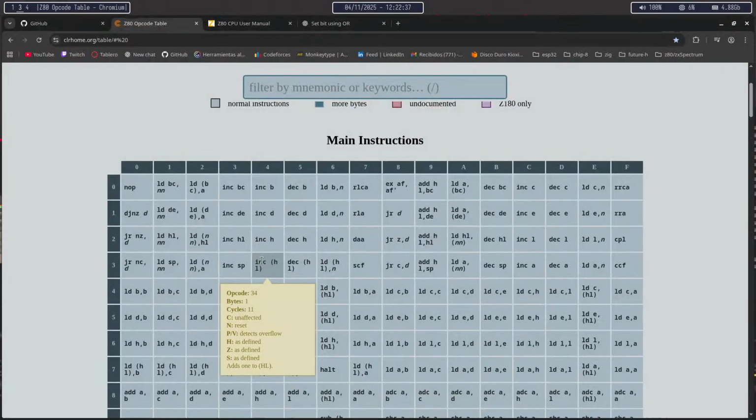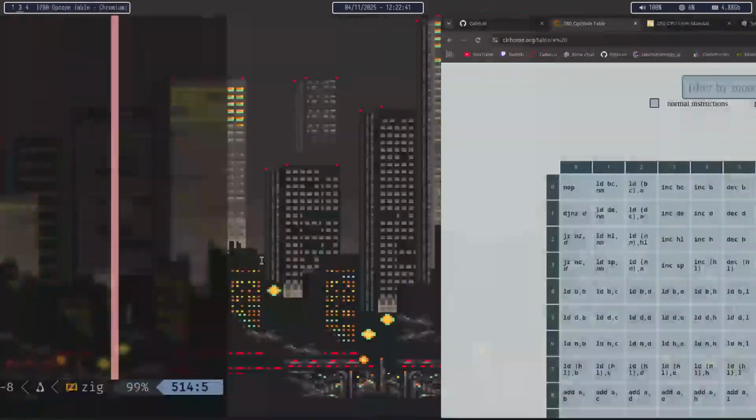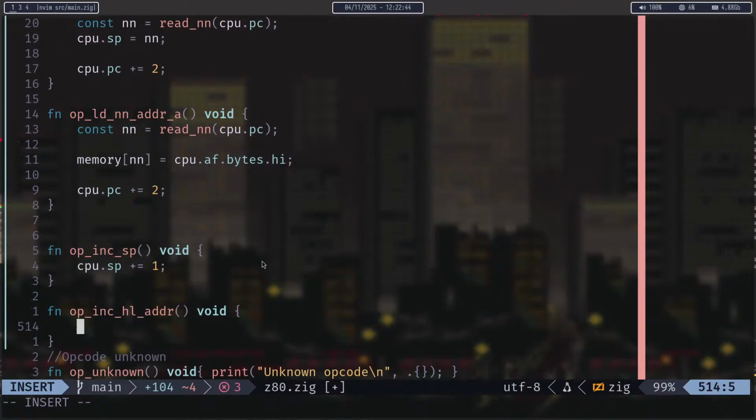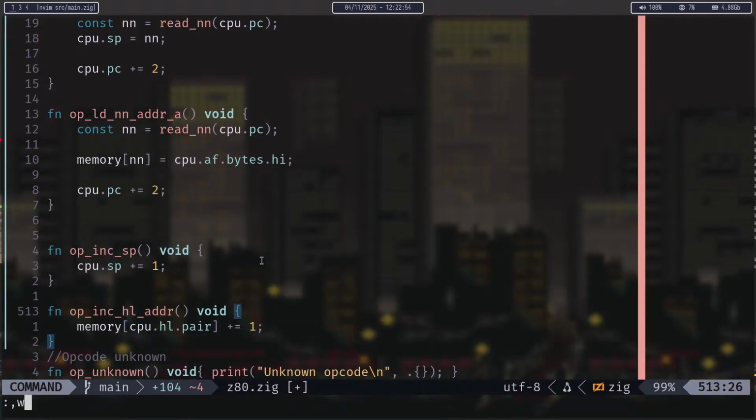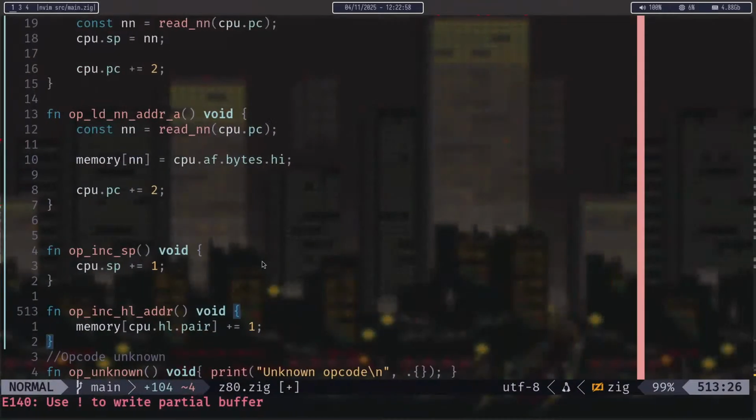So this would be so memory of CPU.hl.pair plus equals 1. Right, and then this is just 1 byte. There we go.